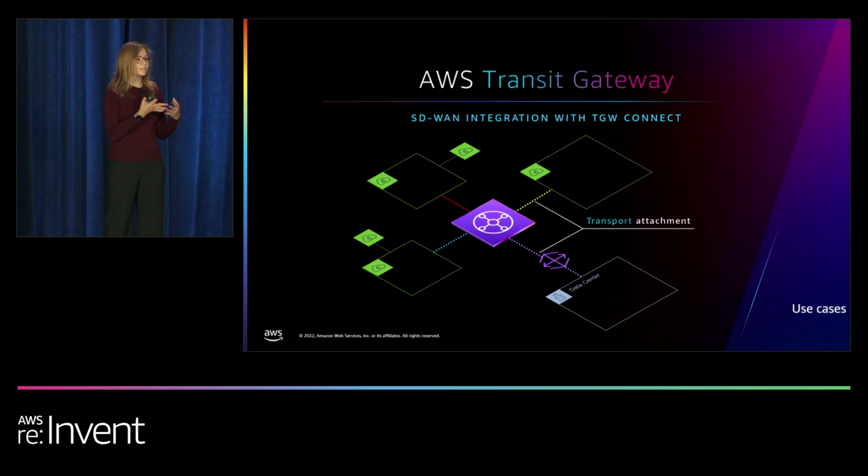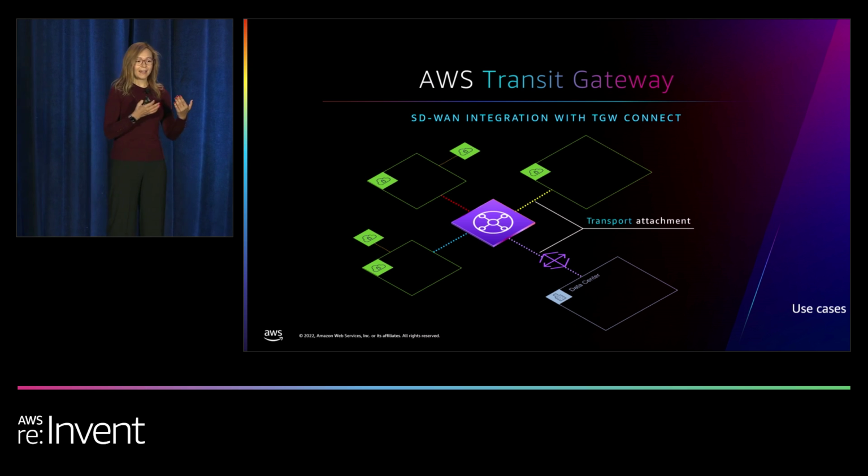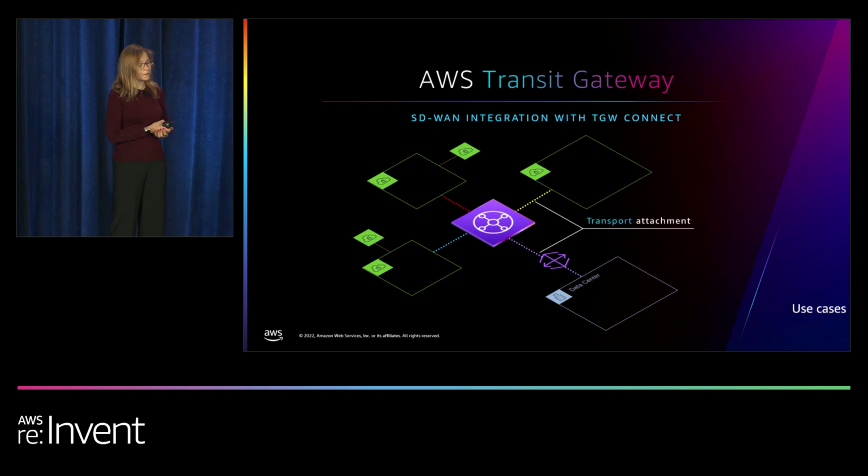So there is the need for enterprises who have office locations and data center locations with SD-WAN connectivity to integrate those appliances. The way this integrates, and is the same construct here as we'll see for Cloud WAN, is through the Transit Gateway Connect attachment, or Cloud WAN Connect.